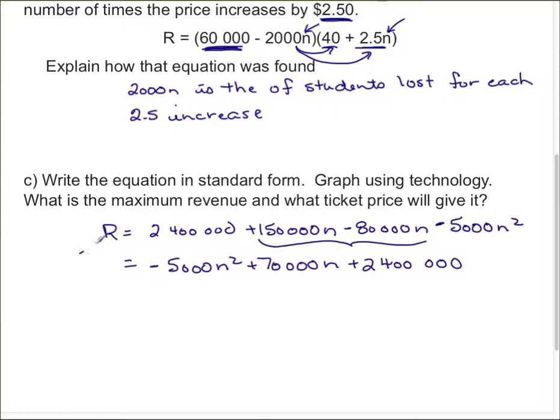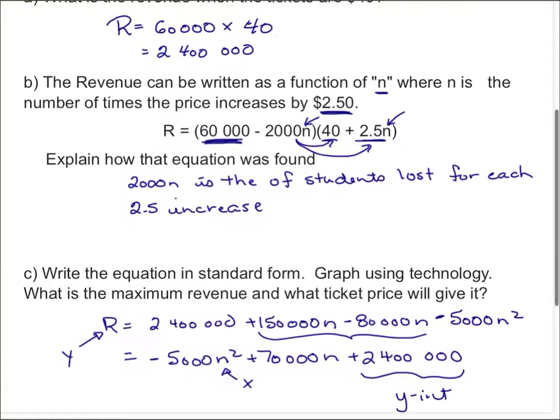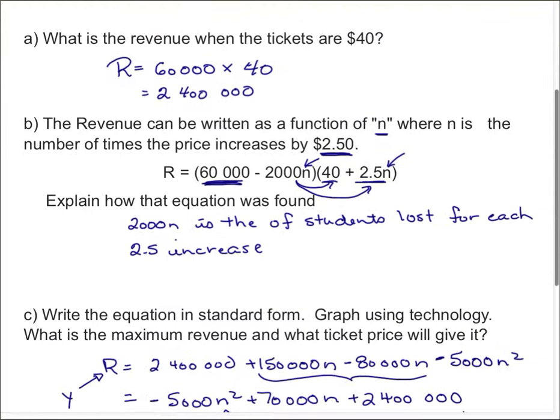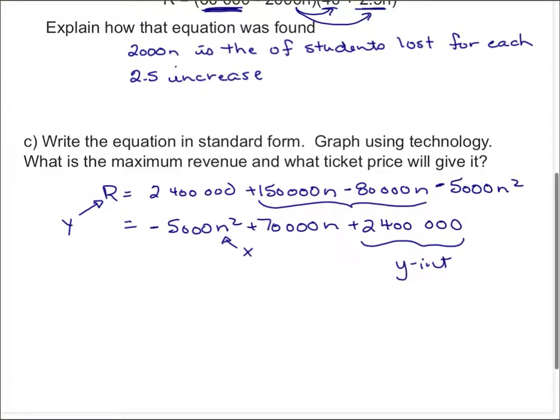Now, that's assuming that we call this y and this x. Okay, what's the y-intercept? Well, remember, this is going to go away, so here's our y-intercept. Now notice that this y-intercept is actually what we had up here if we don't increase it at all.